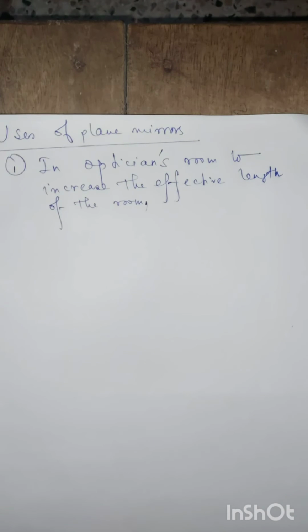Okay, and the patient sits opposite to the mirror. So the object distance from the mirror becomes the image distance from the mirror. So the effective length of the room becomes twice.